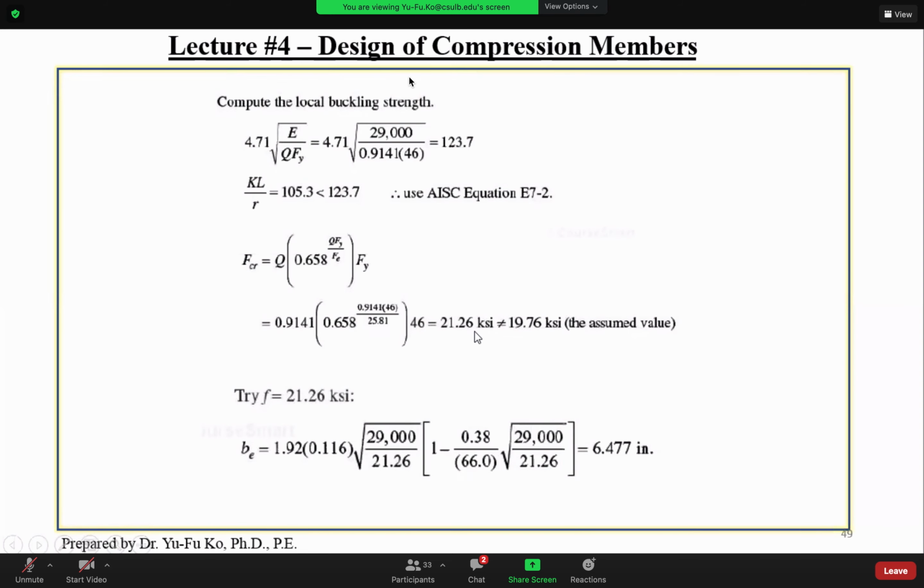This is the calculation based on the equation for FCR, and this is the one you assume in the beginning. If they are not matched, continue for the second trial until you find the closed answer for that. So any questions?